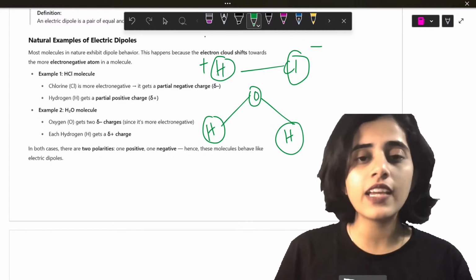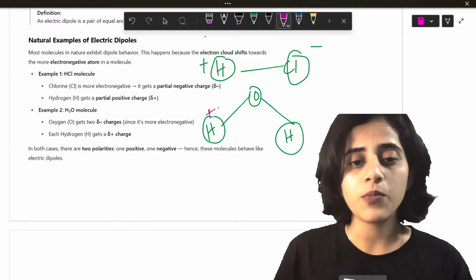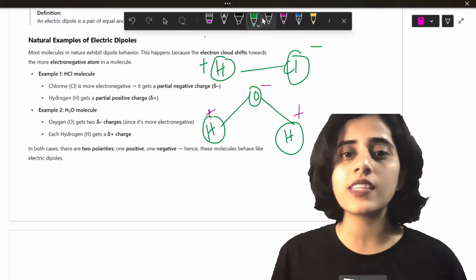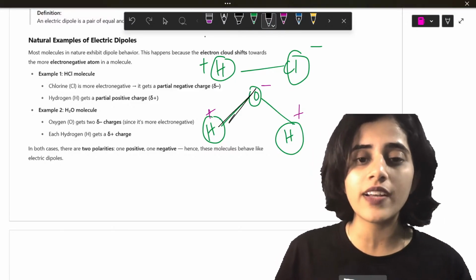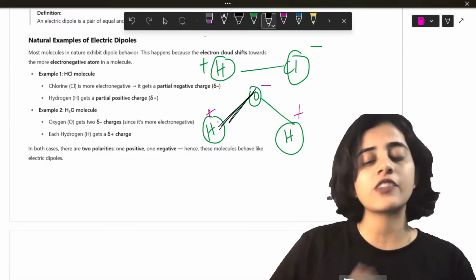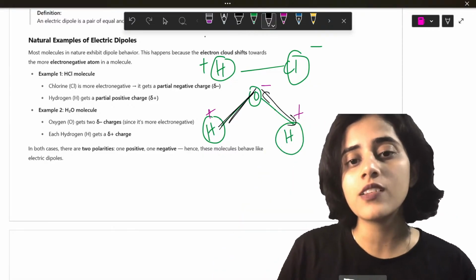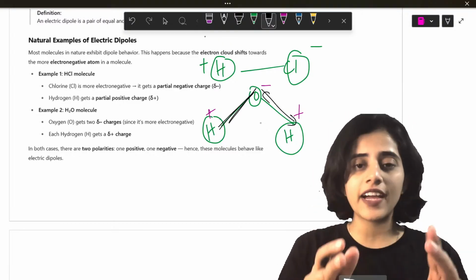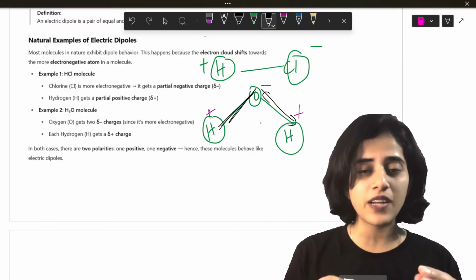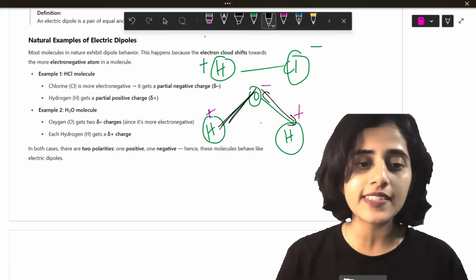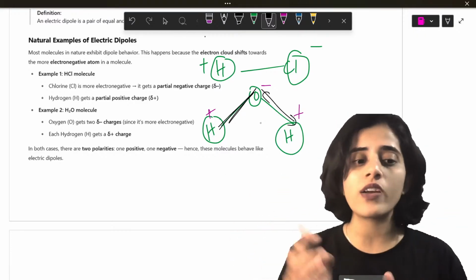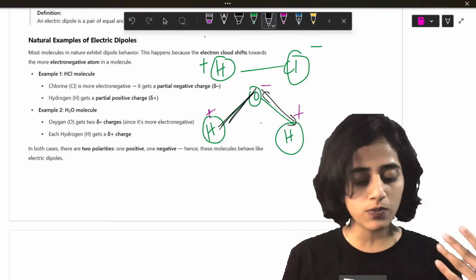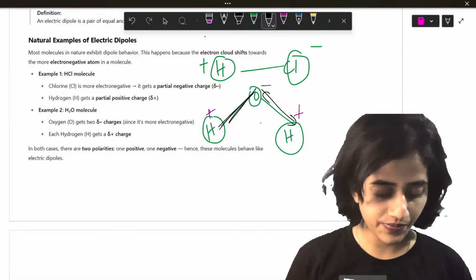Each hydrogen is positive, each oxygen is negative. So you can see there are two dipoles here: this positive hydrogen and negative oxygen is one dipole, and this is another dipole. Both are separated by a distance. For a dipole, it has to have two polarities. What is polarity? The charge. So what are the two polarities in a dipole? One should be positive, one should be negative. So you can see HCl and H2O both behave as dipoles.